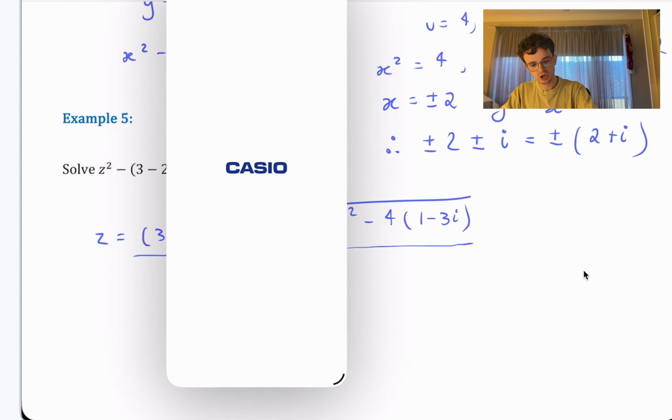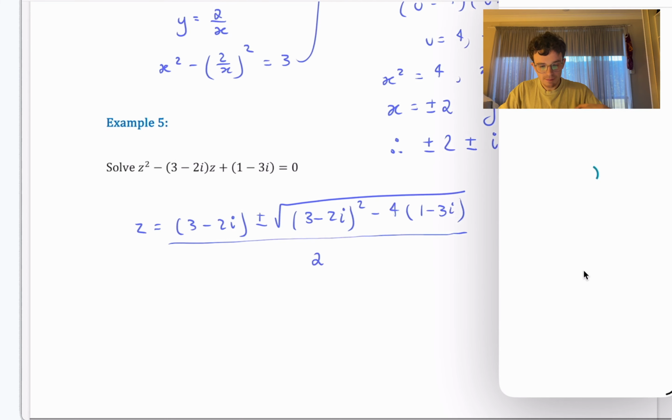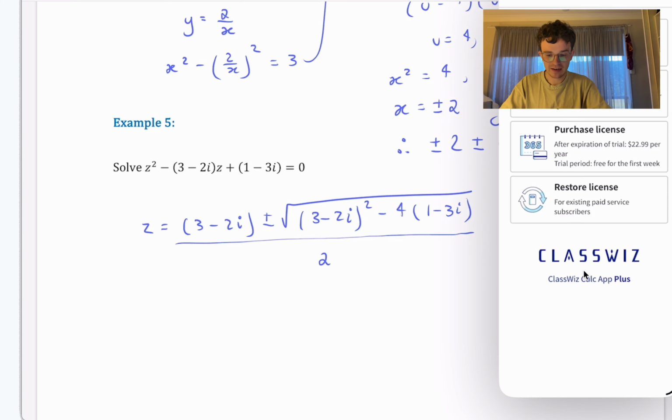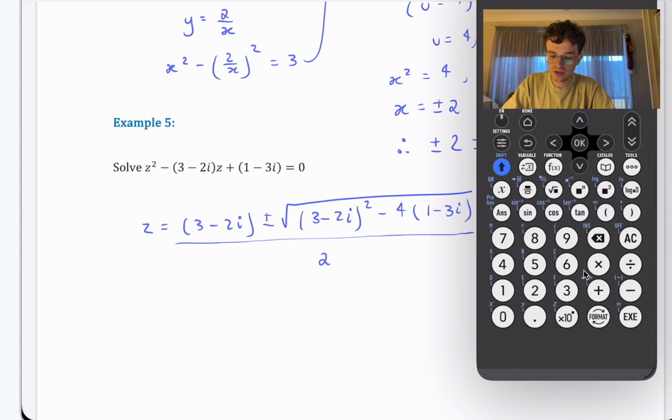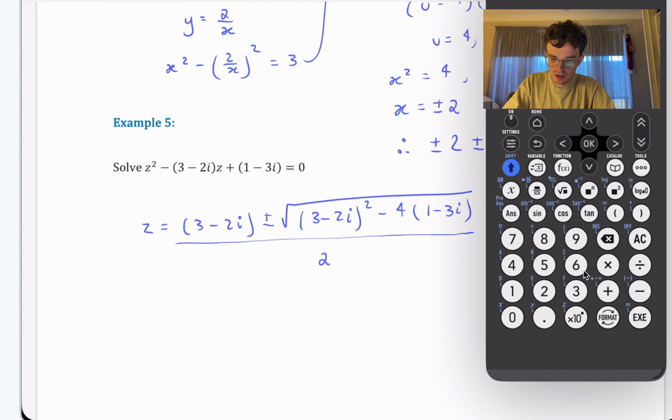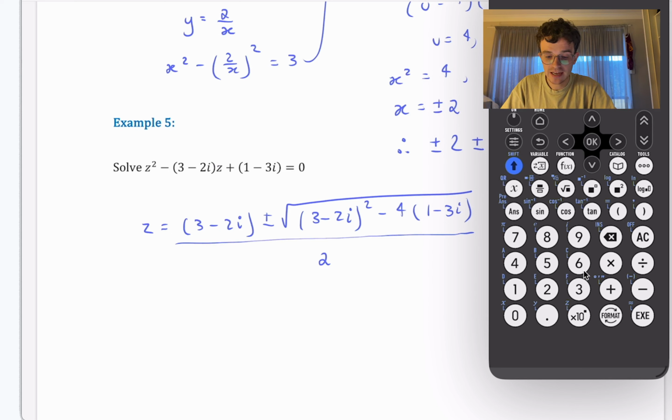I don't want you guys using this at the moment, but I think it's beneficial that you understand that there are tools out there that when we're under the pressure in an exam can help you. So let's have a look at what we can do on our calculator. Now unfortunately your calculator, the new Casio, can't square root a complex number. That's because it can't output an answer that has more than one answer.